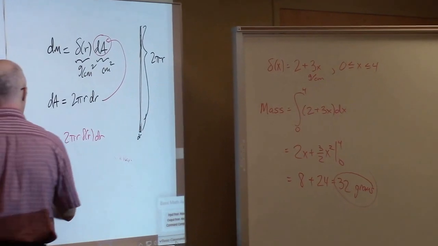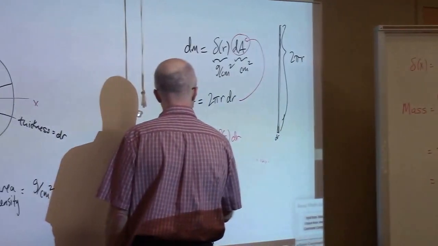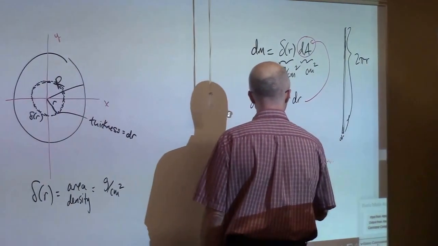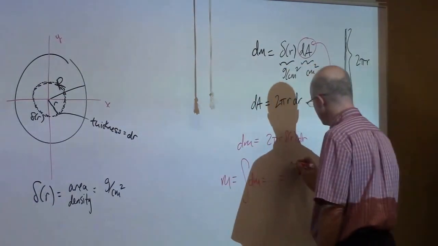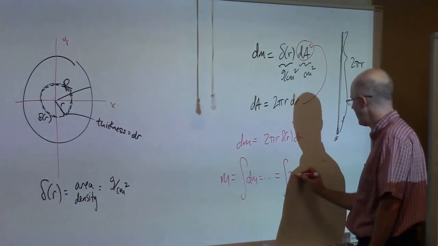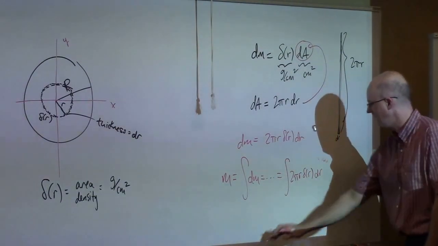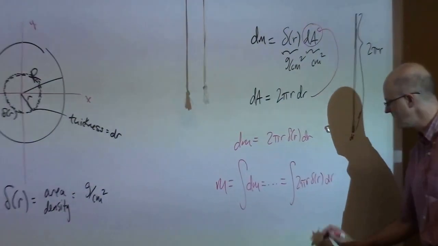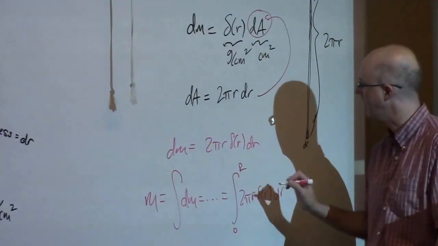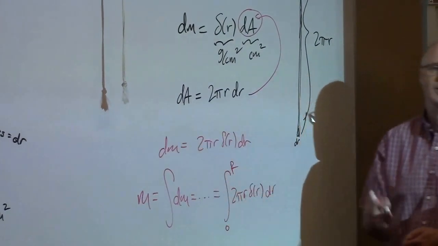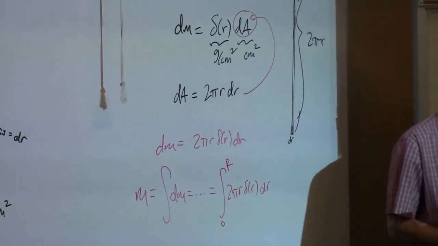So the total mass now is the integral of the little masses, which ultimately means you do an integral of 2 pi r delta of r with respect to r as r goes from 0 to capital R, the radius of the entire disk.